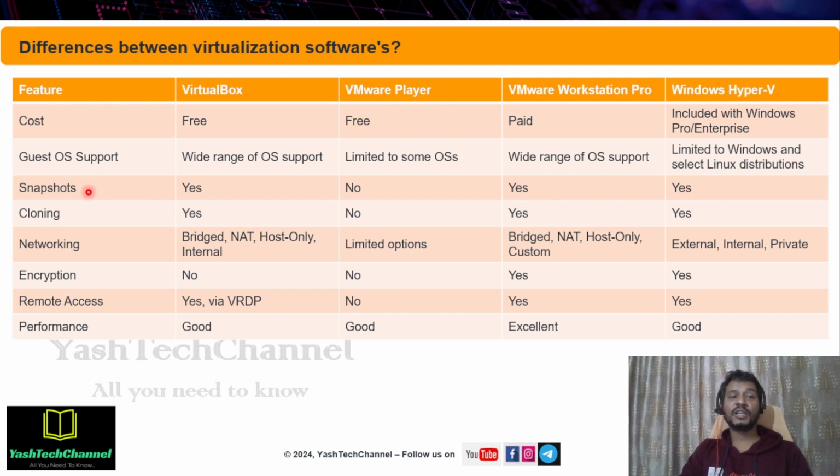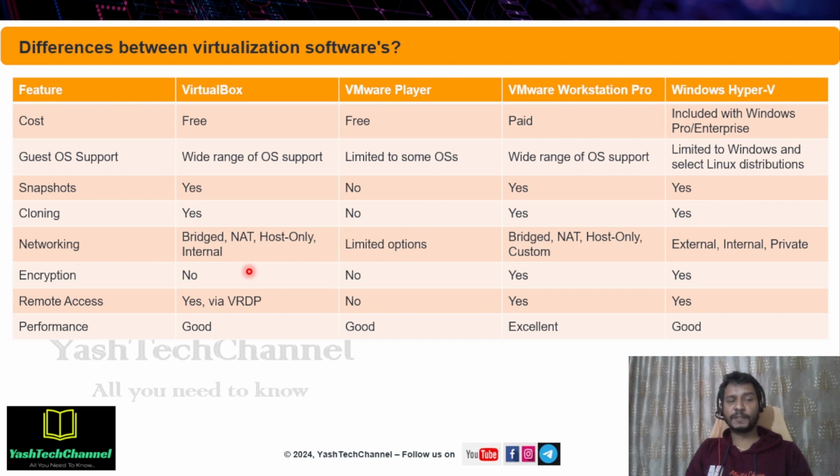You're taking a clone of your guest system. The advantage, again, is if you lose the guest machines for some reason, you can restore from the clone. That's not supported in VMware Player, and Workstation supports it and Hypervisor also supports it.